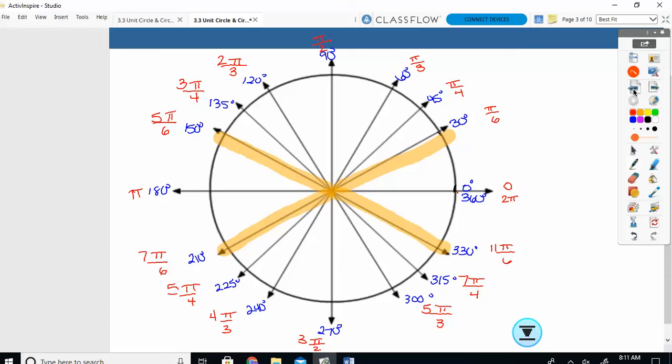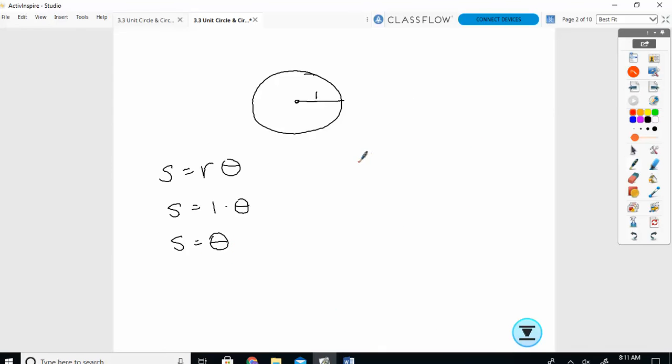Now what we know, if you think back to our trig functions, what was the definition of sine in the very first chapter? Using x, y, and r. Sine was, and cosine was, but in the unit circle, what's r? 1. So that means sine is y, and cosine is x.